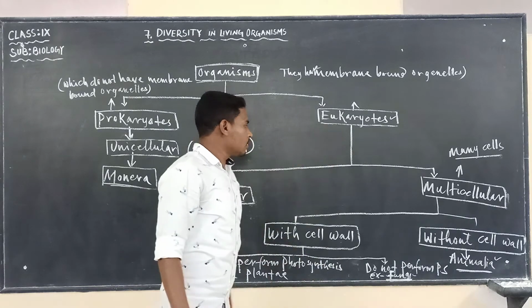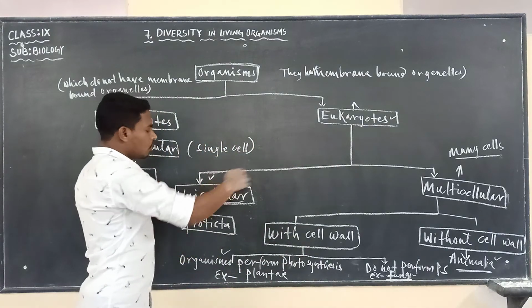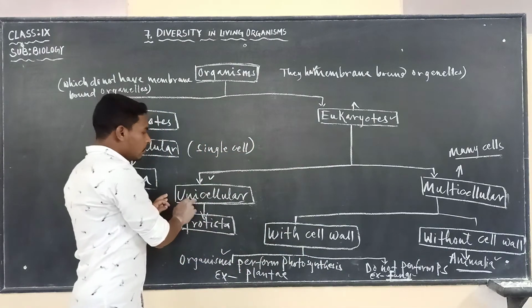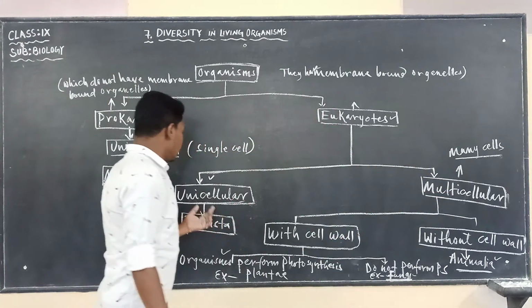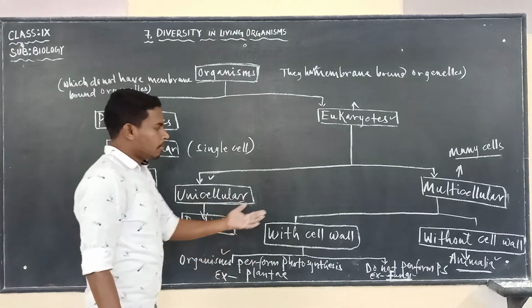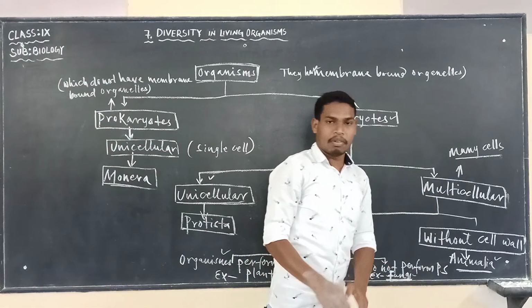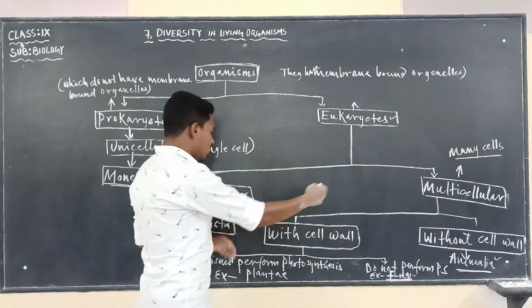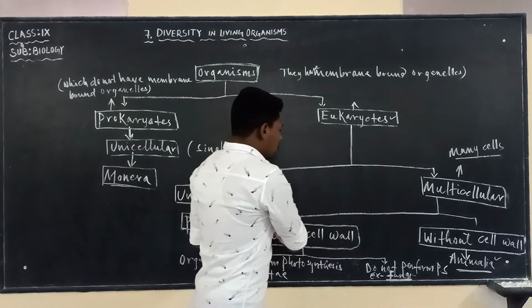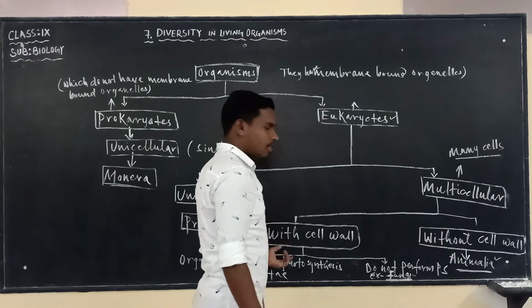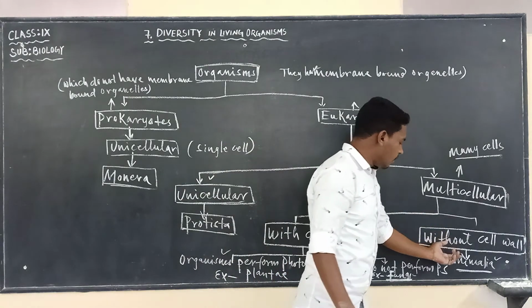Again these eukaryotes were divided into two broad categories: unicellular and multicellular. Unicellular means they have a single cell, and multicellular means they are made up of many cells. And these multicellular organisms are again divided into two categories: with cell wall and without cell wall.